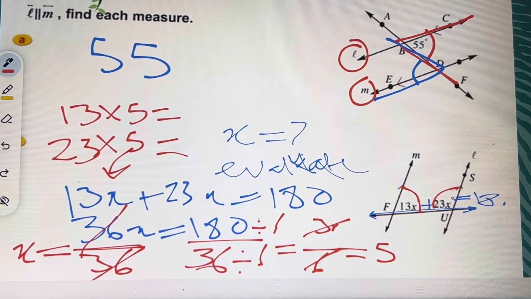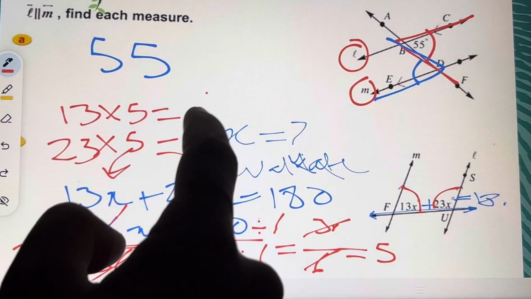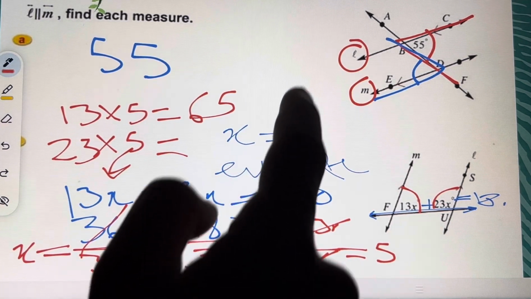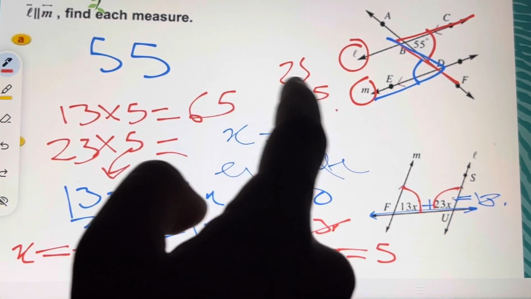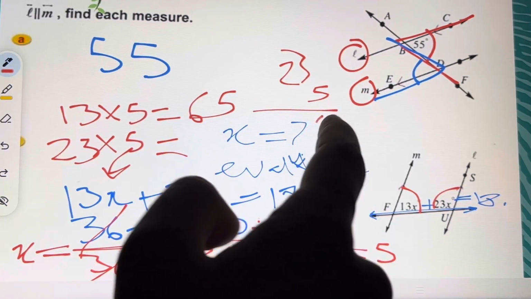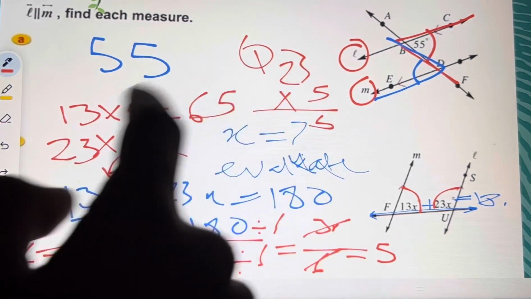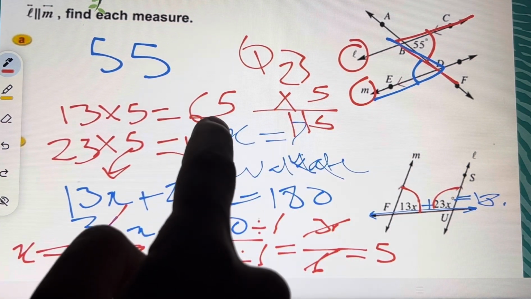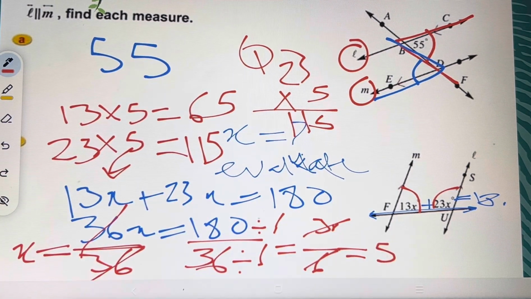Now, 13 times 5, I'm going to get 65, all right? And 23 times 5: 5 times 3 is 15, carry 1, 10, 11, so 115. These two are the measures of the two angles they asked for.